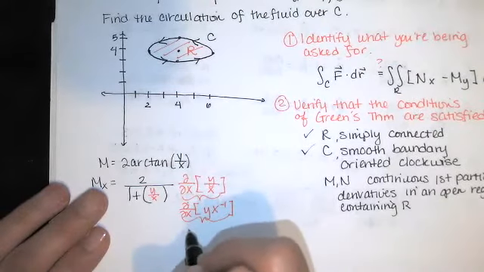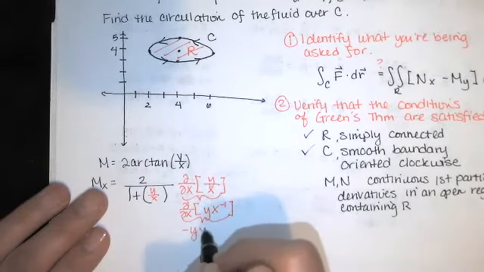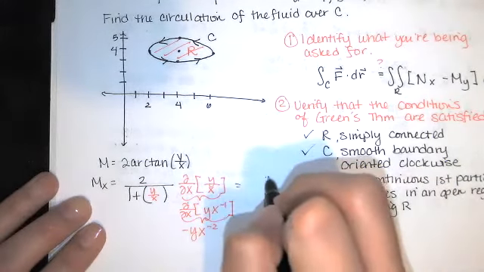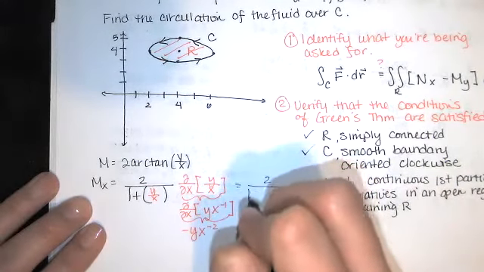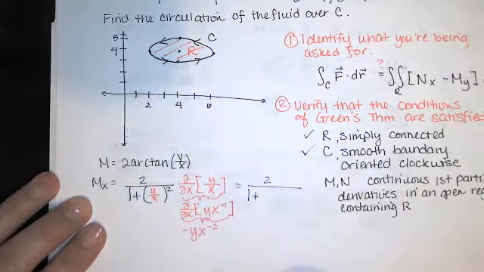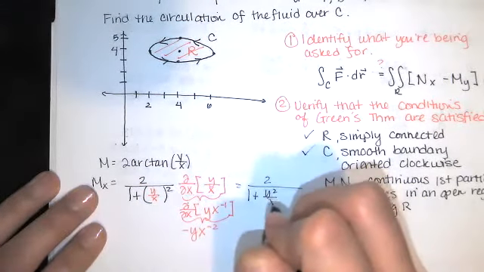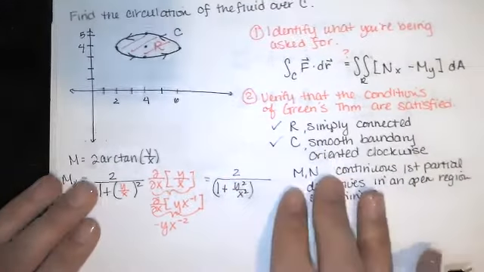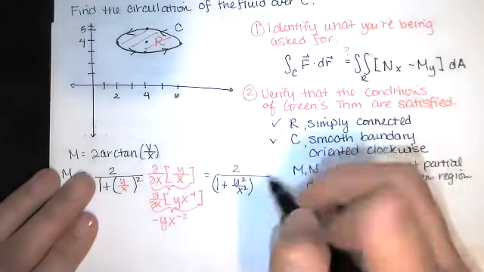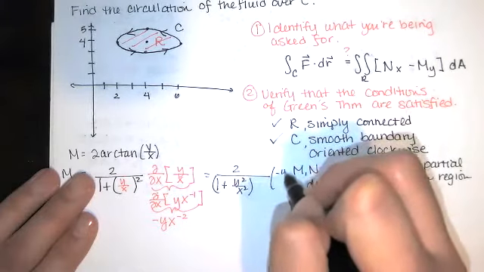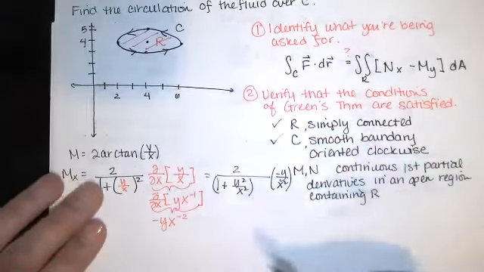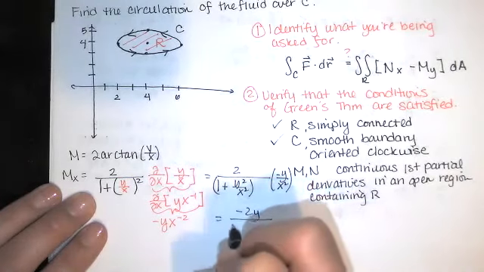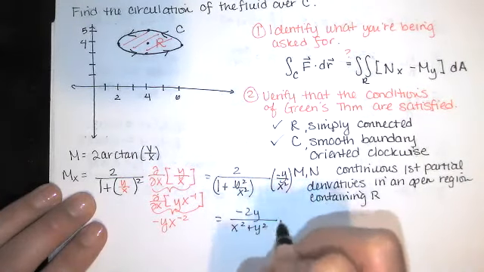So this ends up being a constant times negative x to the negative 2. So we end up with 2 over 1 plus y squared over x squared, quantity squared, times this, and that is the same as negative y over x squared. When I distribute, I get negative 2y over x squared plus y squared.